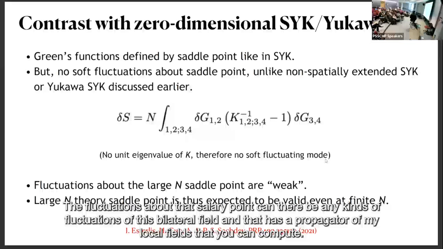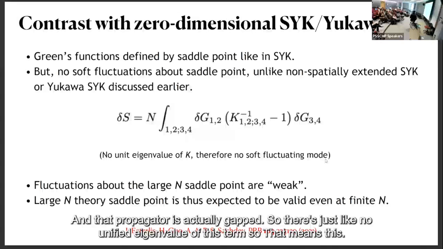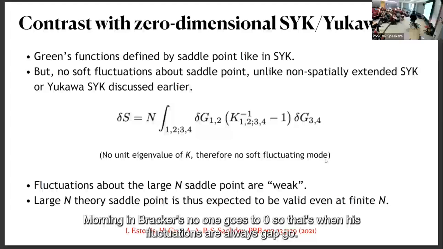the fluctuations about that saddle point can be written in terms of fluctuations of this bilocal field, and that has a propagator of bilocal fields that you can compute. And that propagator is actually gapped, so there's no unit eigenvalue of this term k here. So that means this quantity in brackets never goes to 0.